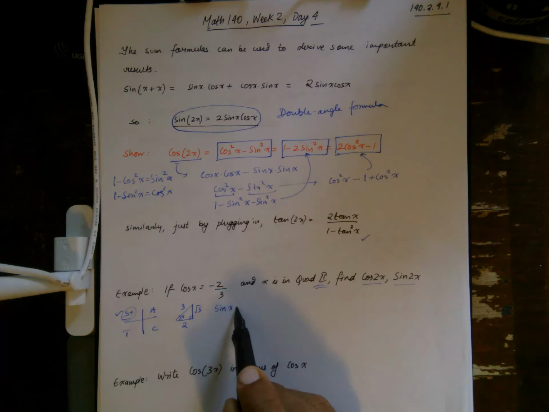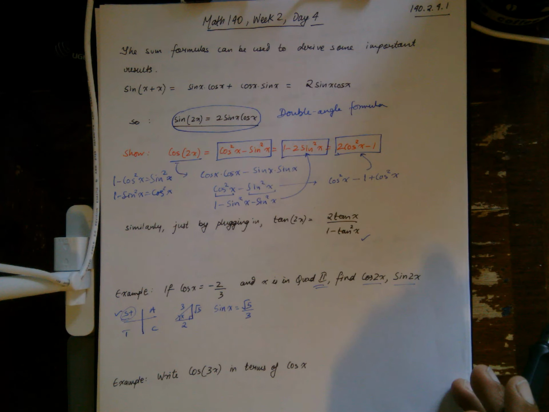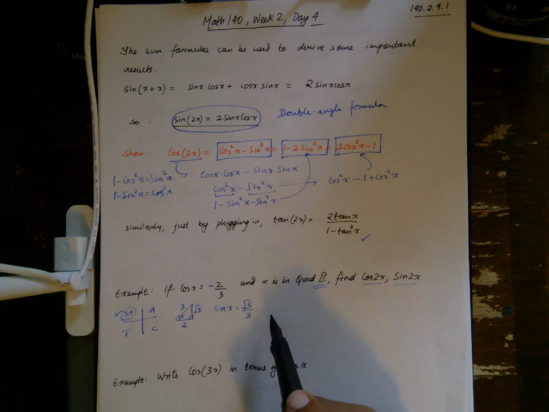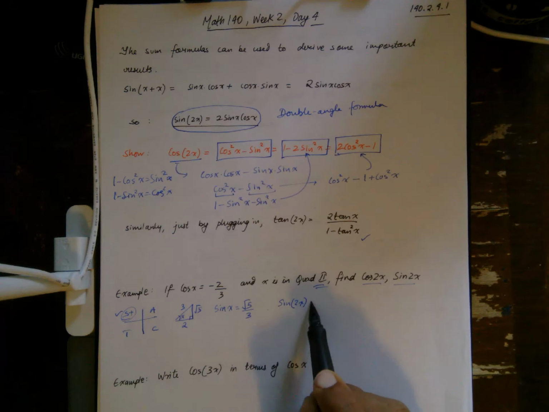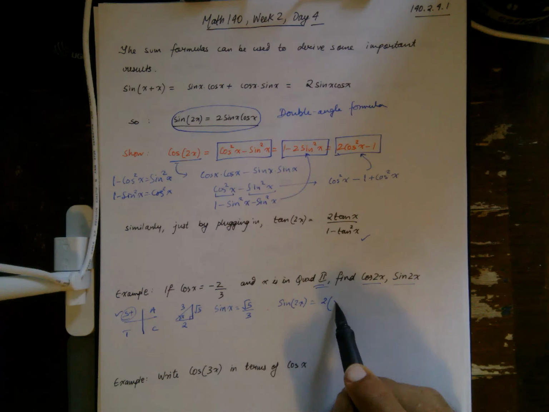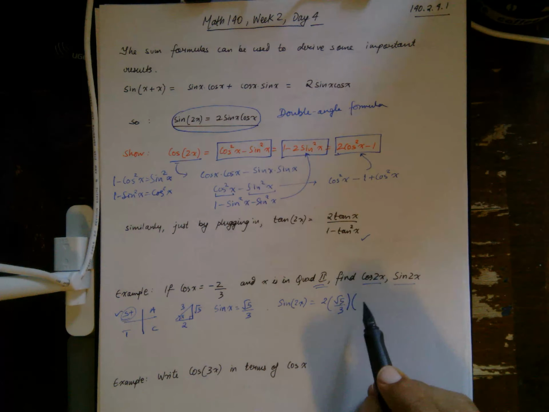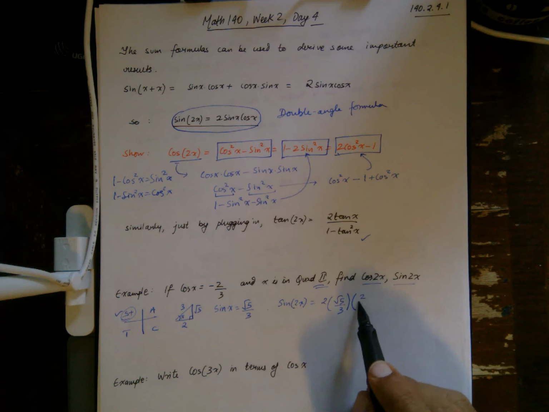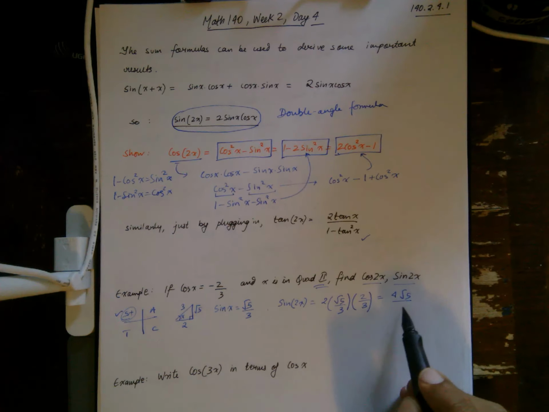So sine x is opposite over hypotenuse. So based on our formula for sine 2x, this would be 2 times root 5/3 times 2/3, which is 4 root 5/9.